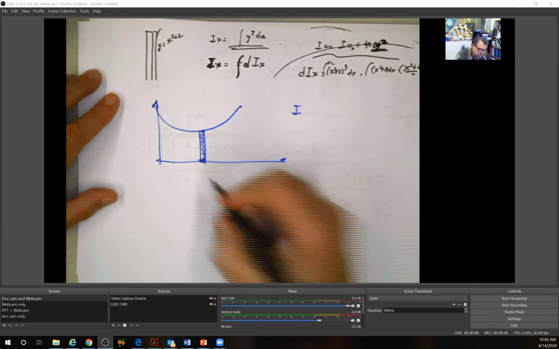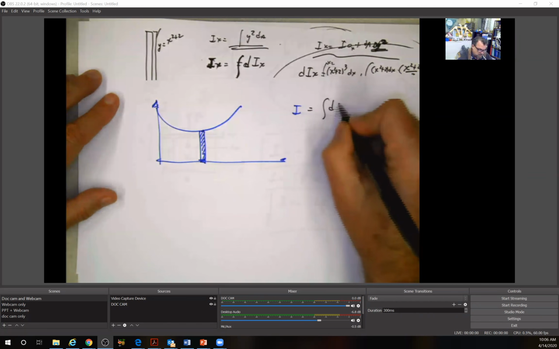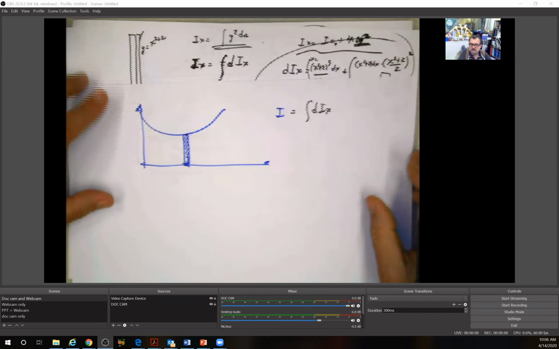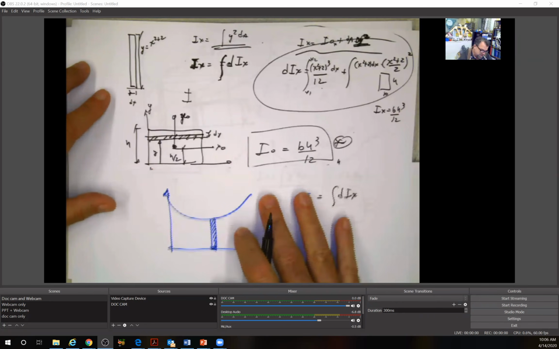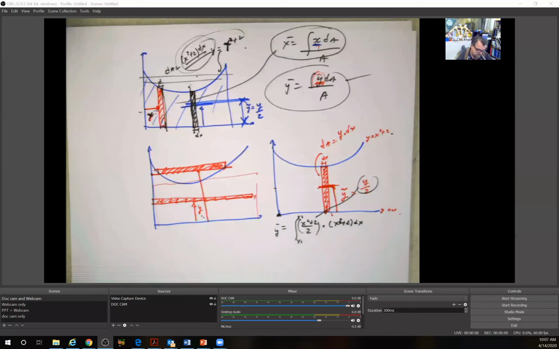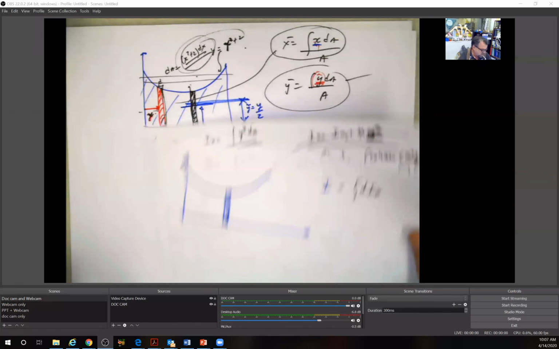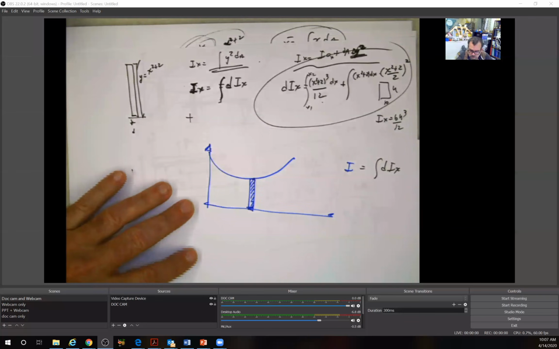We said before that the moment of inertia is going to be the integral of dIx, and I still agree with that.